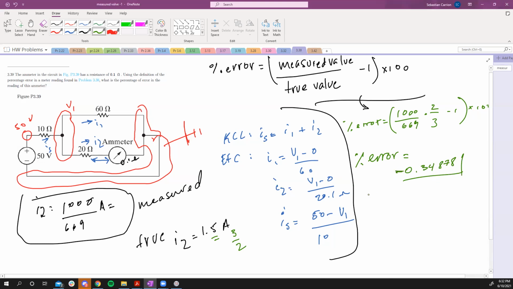So this would be our approximate percent error. We can also say our percent error is negative 0.349. Any of these values would be considered correct. And yeah, that's 3.39.